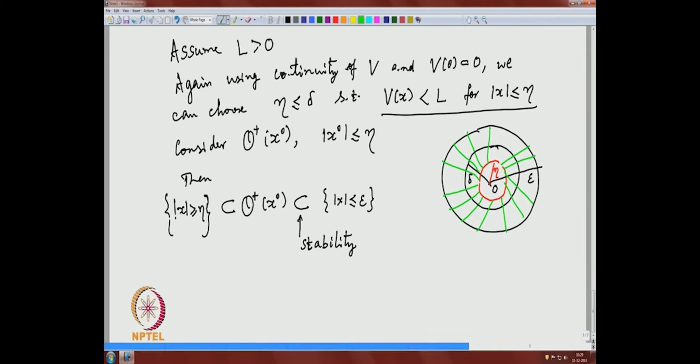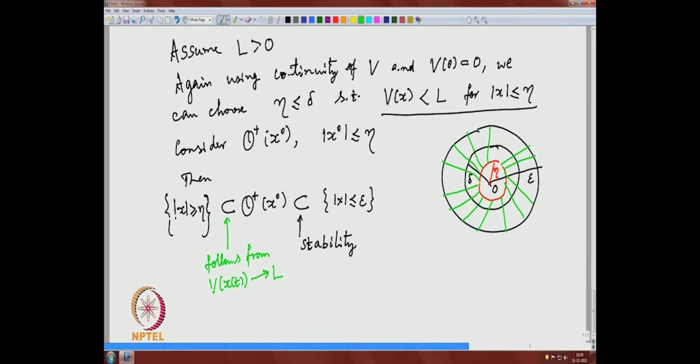This part follows from V of x t converging to L, so it cannot go beyond it.